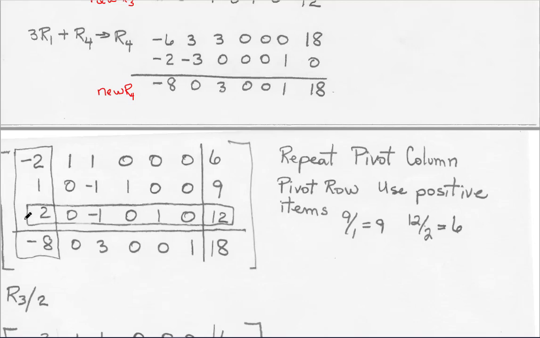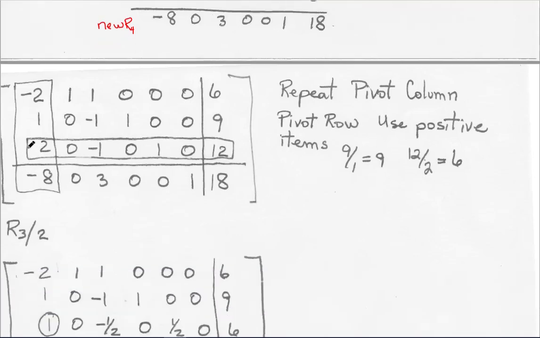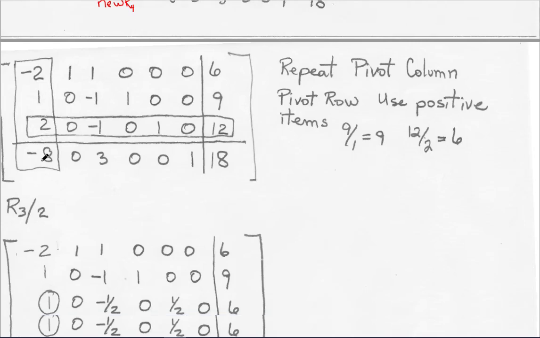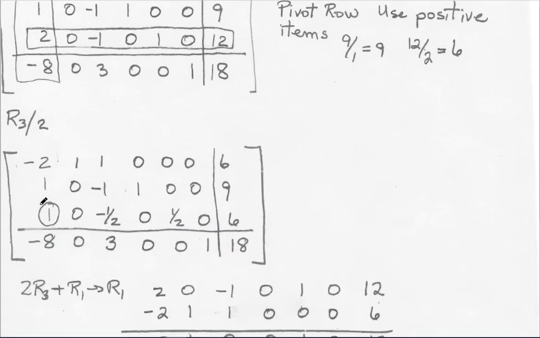So my focus is on this 2. I'm going to use this 2. I'm going to make it into a 1 first, and then I'm going to use it to make some zeros. So here's the 1. I'm going to use it to make a 0, a 0, and a 0 underneath.